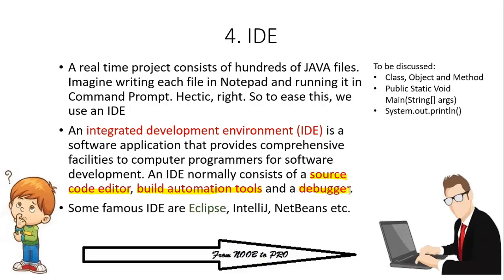The IDE that we are going to use is Eclipse, because Eclipse is sweet and simple. It's not the most powerful IDE out there, it is not, but it works just fine for us. So let me help you set up Eclipse on your machine.